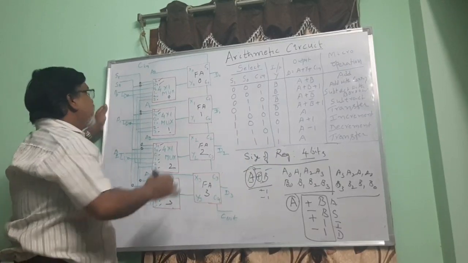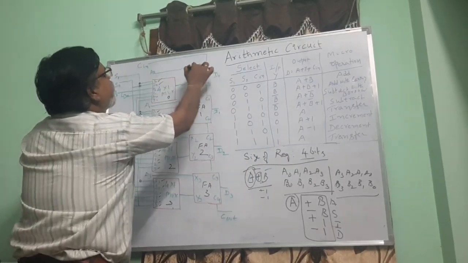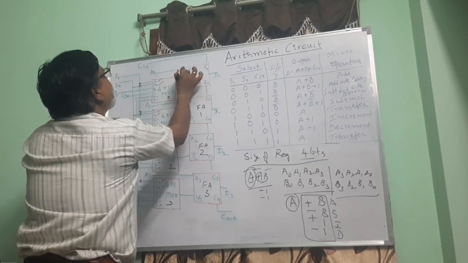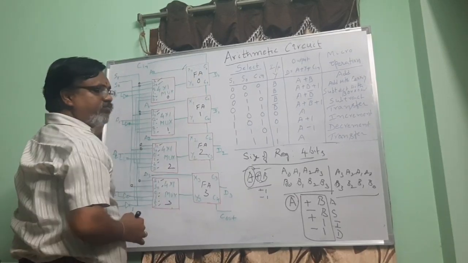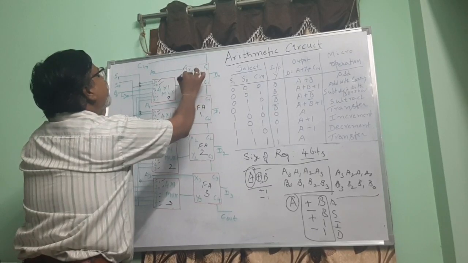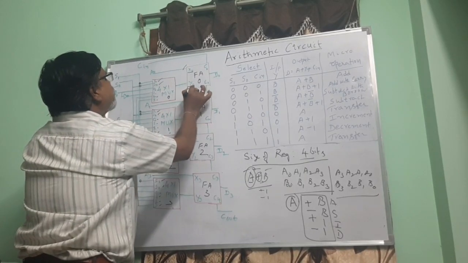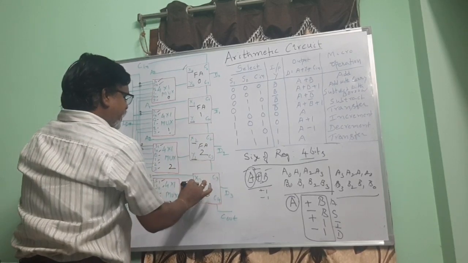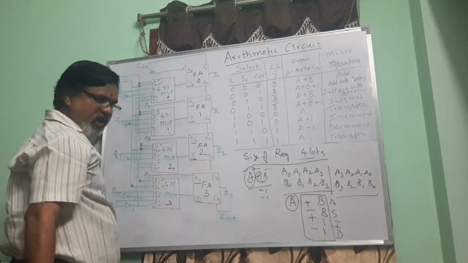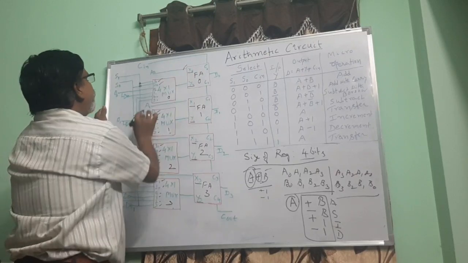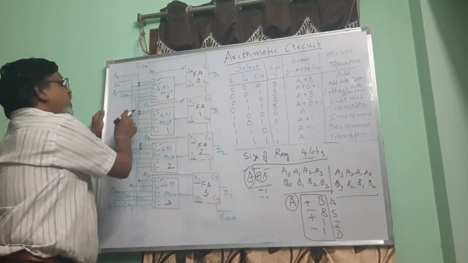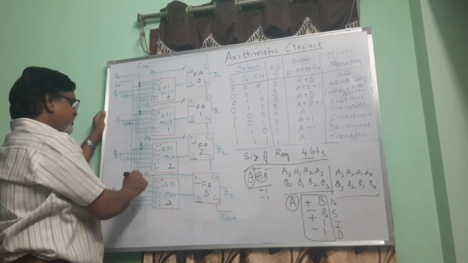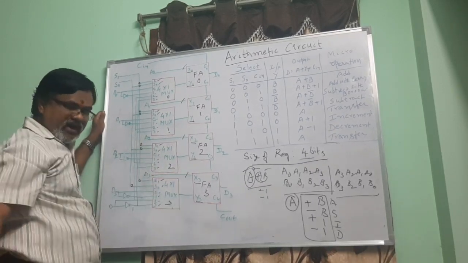So for that purpose, what we did here, for full adder 0, we have given A0. Here the full adder will have 2 inputs: x0, y0, x1, y1, x2, y2, x3, y3. Okay. So here x0 is A0, x1 is A1, x2 is A2, x3 is A3. Clear?